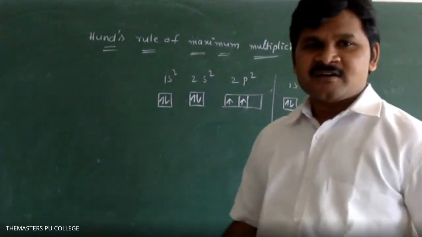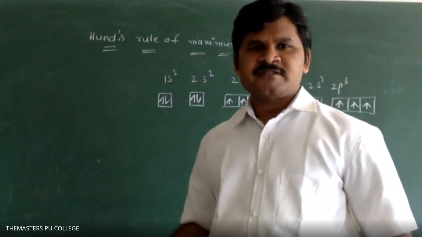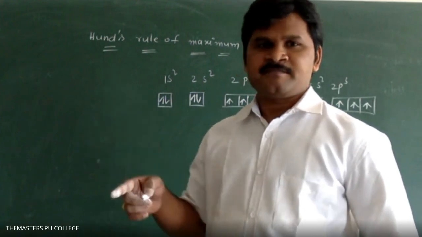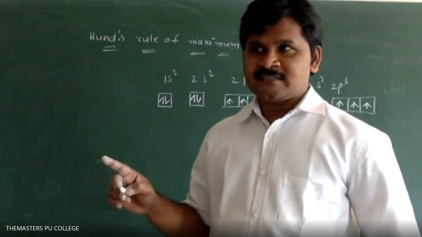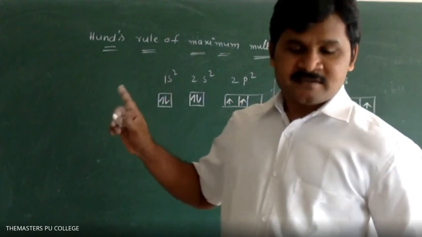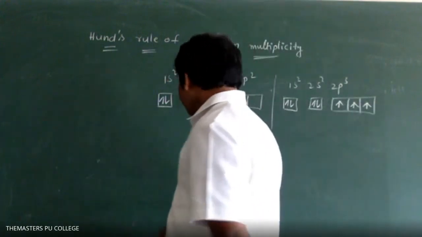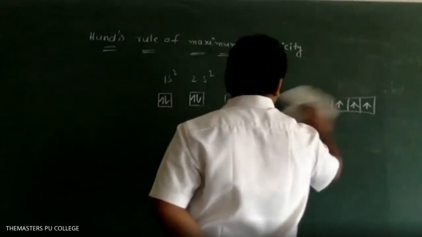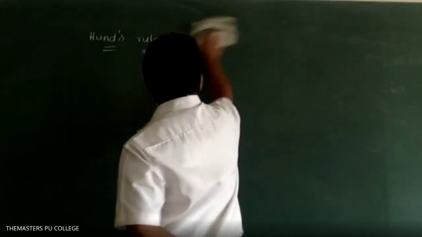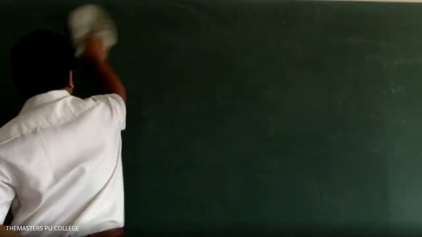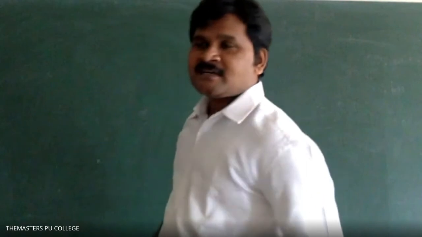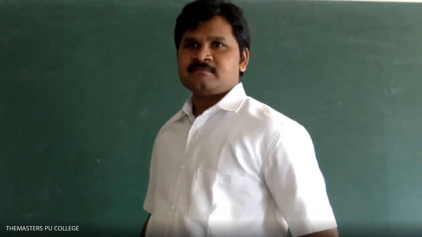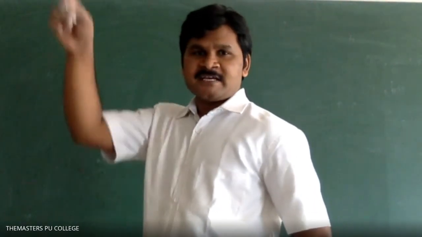Yes, actually, I forgot one thing. In the Aufbau principle, I have to draw one diagram that I think you have in your lower classes also. That I will draw. Please observe. This diagram is called the Aufbau diagram. Do you have any idea about this diagram?